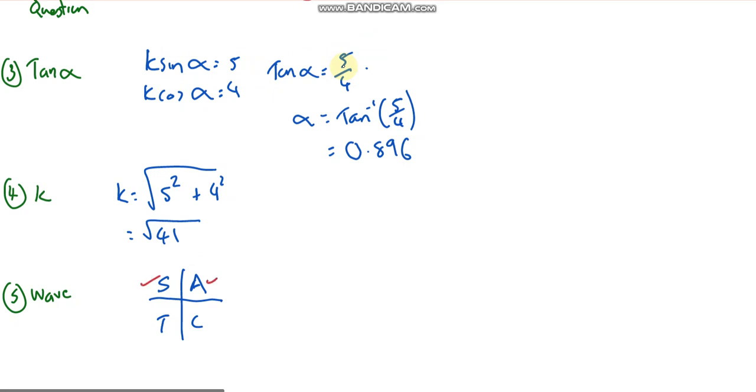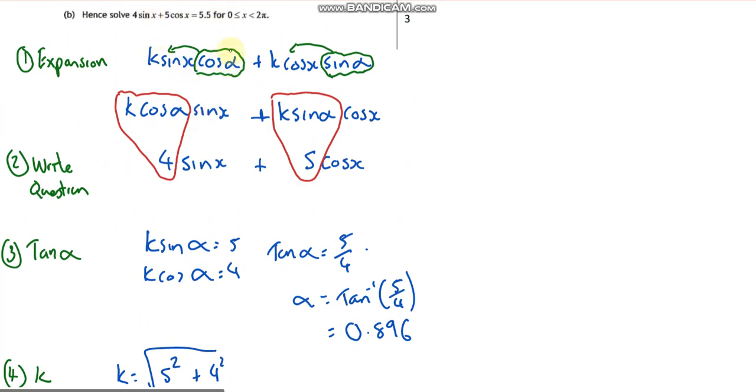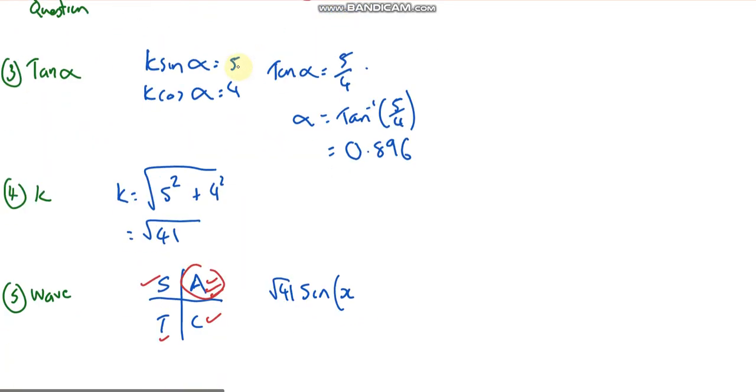Okay, so sine's positive here, cos is positive here, and tan is positive here. So that means I'm going to be using just quadrant 1. So I'm going to say that root 41, that's my k, sine of x, and we did a plus, didn't we? Plus alpha. So plus 0.896.